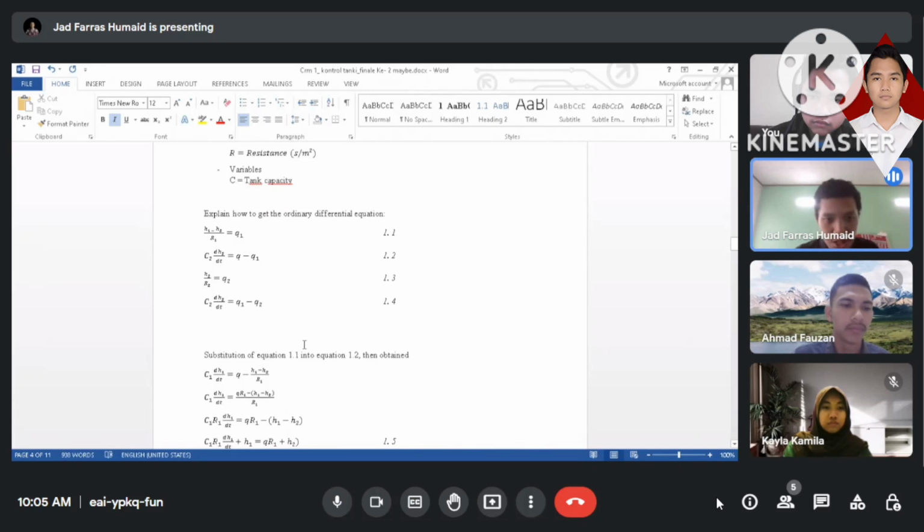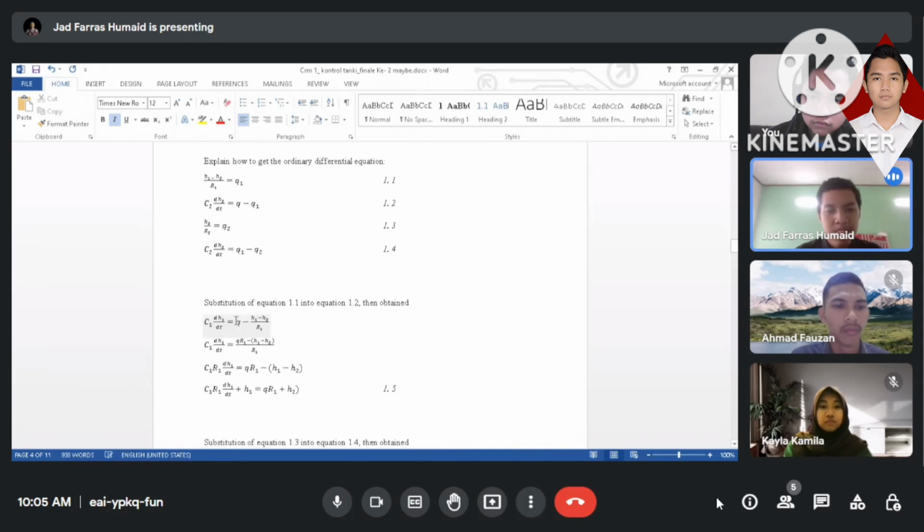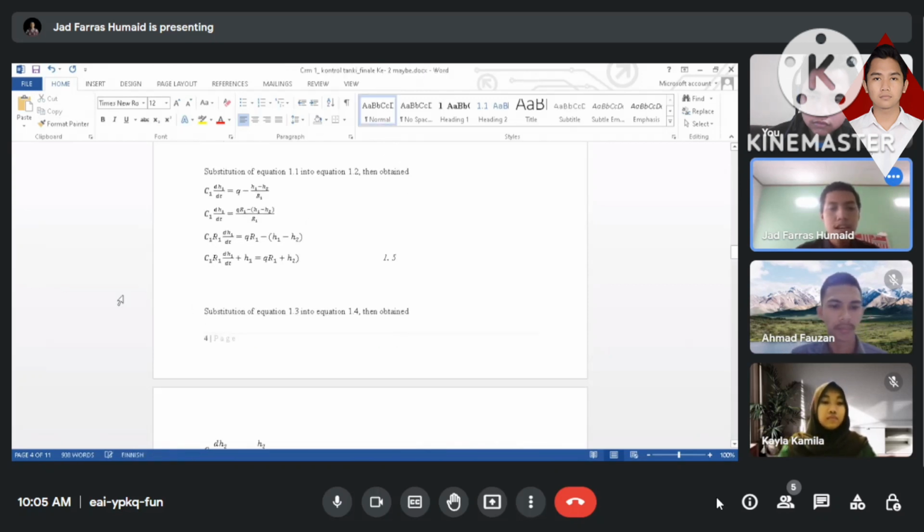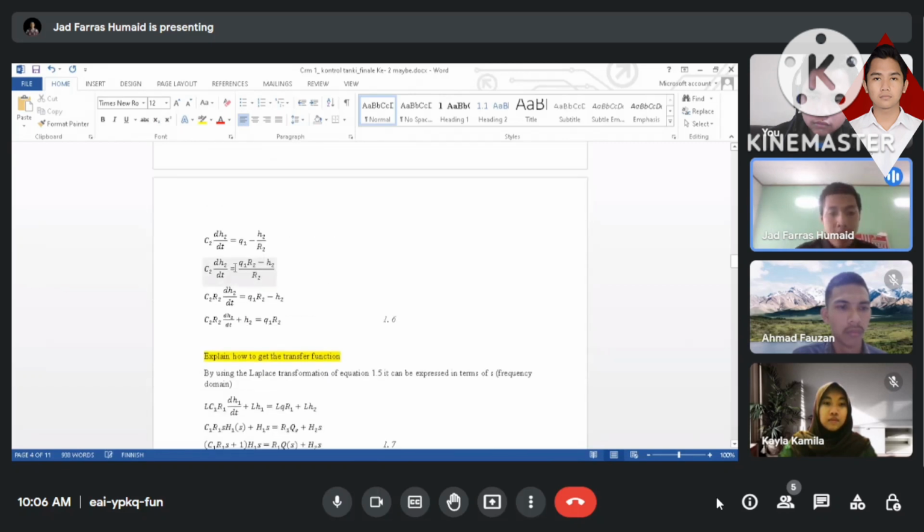For the substitution of equation 1.1 into equation 1.2, we obtain this equation. And substitution of equation 1.3 into equation 1.4, we obtain this equation.